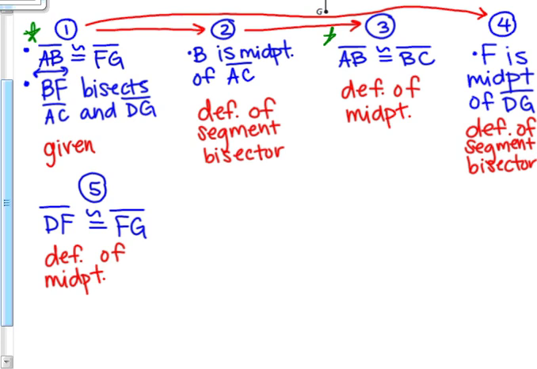And in step 3, I said that segment AB was congruent to segment BC. So if I know AB is the same as FG, and AB is also the same as BC, I can say for step 6 that segment FG is actually congruent to segment BC. And that reflects syllogism, so I know that this is the transitive property.